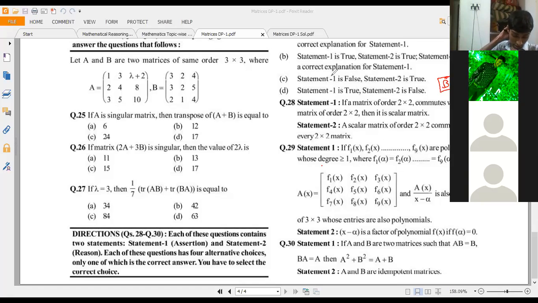Is it possible if A is not scalar, B is not scalar, A into B is scalar?